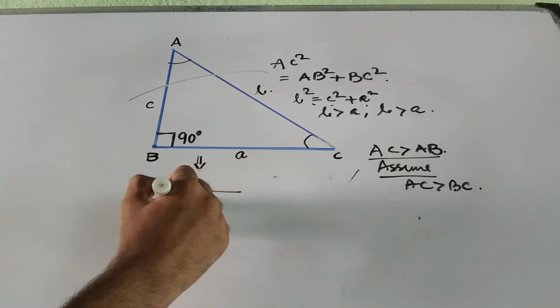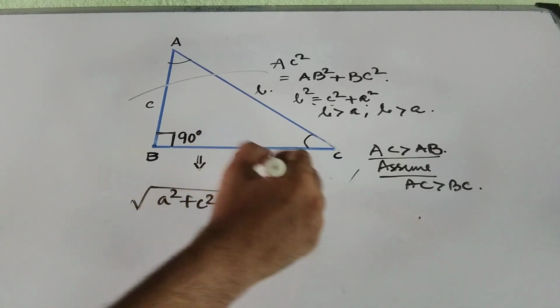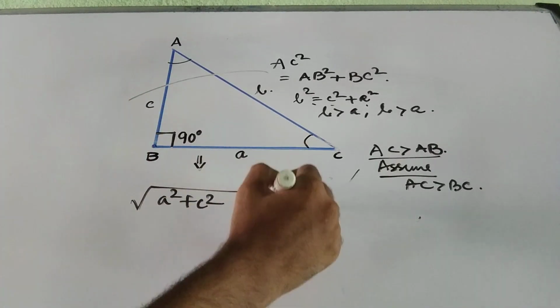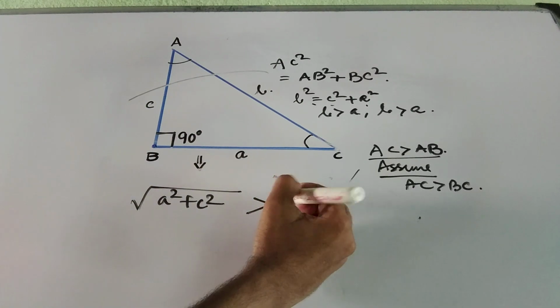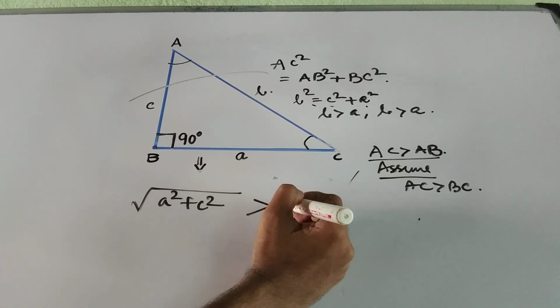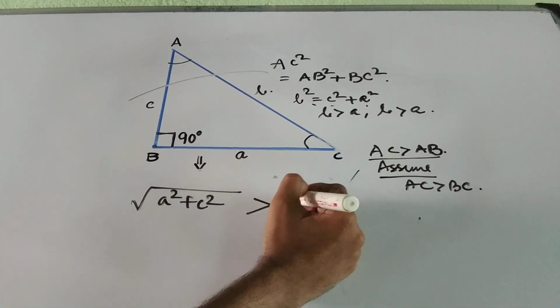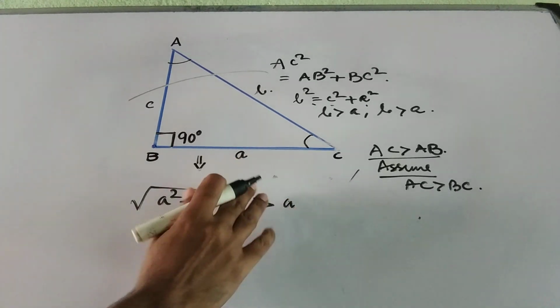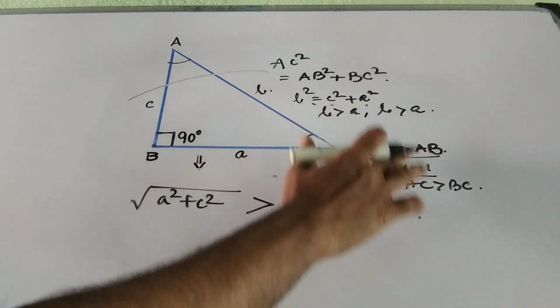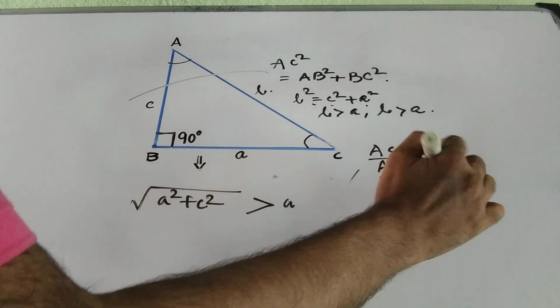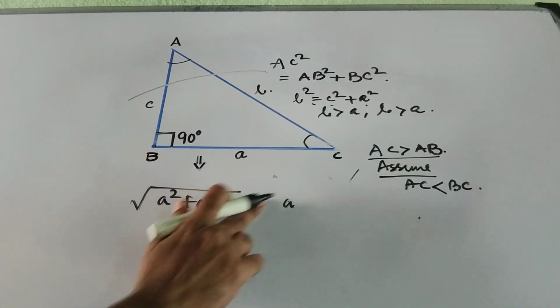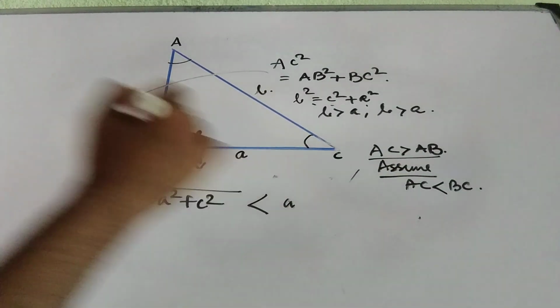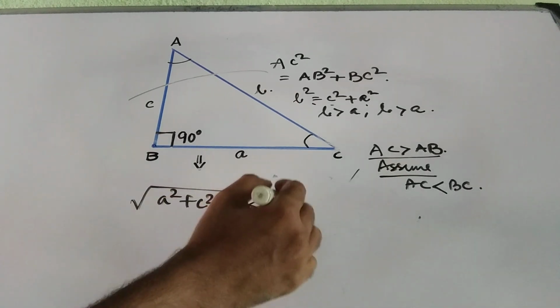That means the root of a square plus c square is less than BC. BC is a. We are assuming the reverse one. That is, the square root of a square plus c square is less than a.